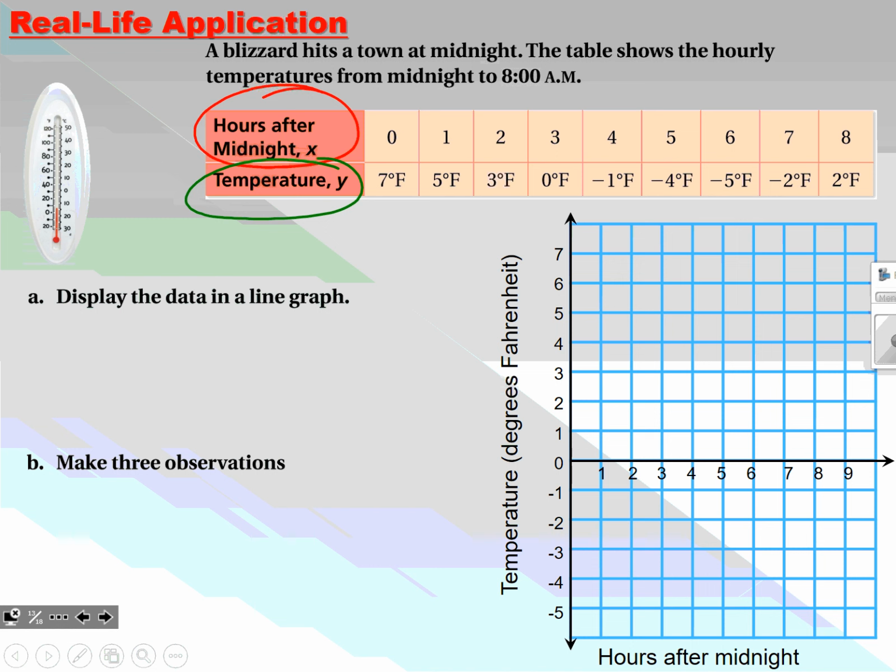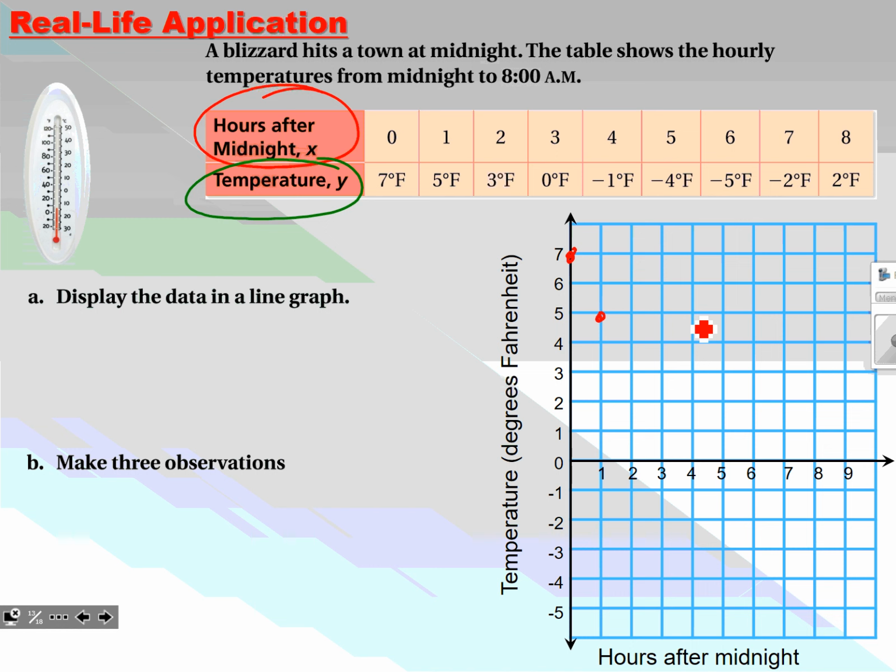So what you're going to do is just graph it. A basically means draw the points, plot the points. So the first one is midnight, 0, 7. The second one is 1, 5. Notice that I don't have the other half of the coordinate plane.